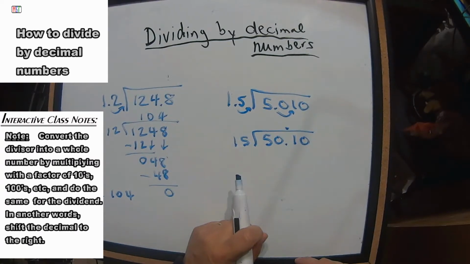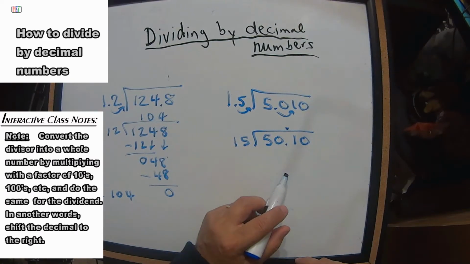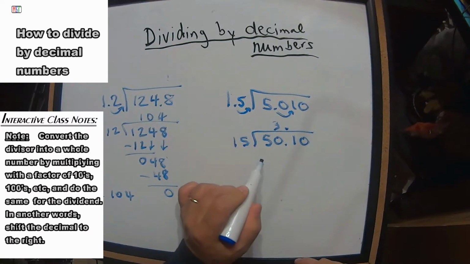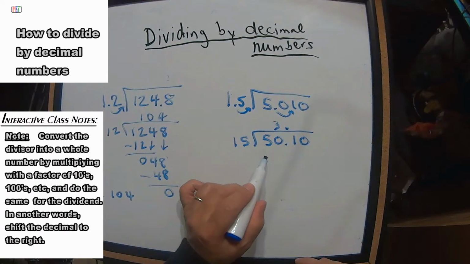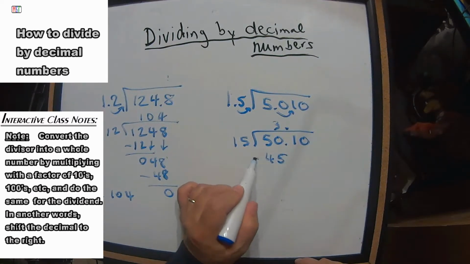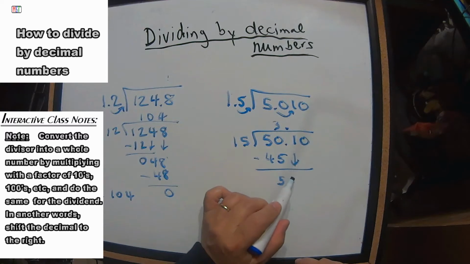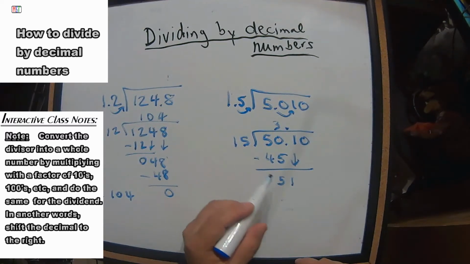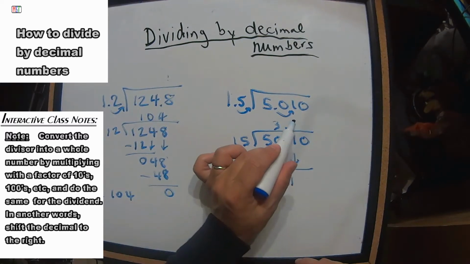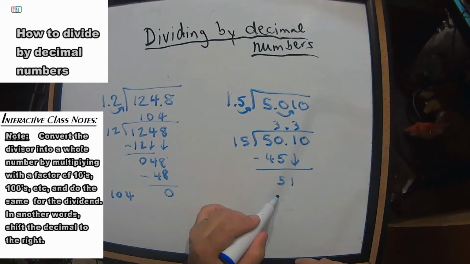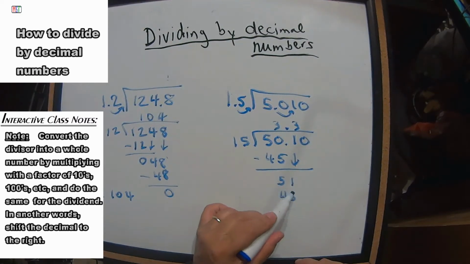Okay, on top. So 15 going into 50 how many times? 3 times. 3 times 15 is 45. Subtract the difference. That gives you 5. Bring down the 1. 15 going into 51 how many times? 3 times again. 3 times 15 is 45.